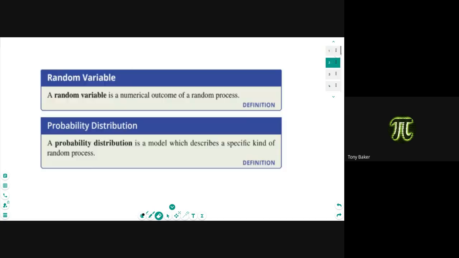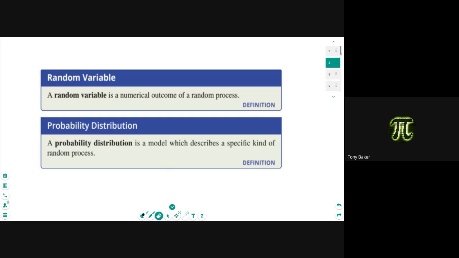All right, so a couple pieces of information that we need to look at, or definitions. First one is a random variable is a numerical outcome of a random process. So basically a random variable is what we're going to be looking for, not a specific value. So it would depend on which ones we're going to be looking at.